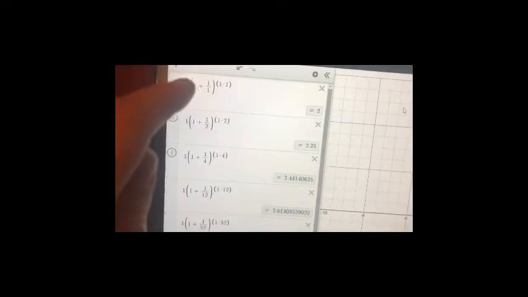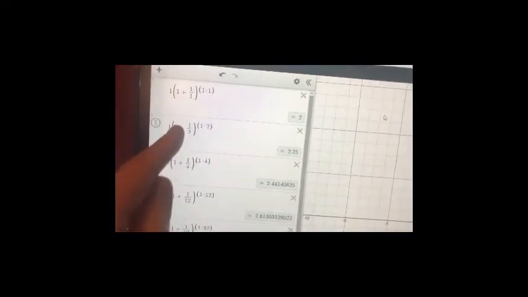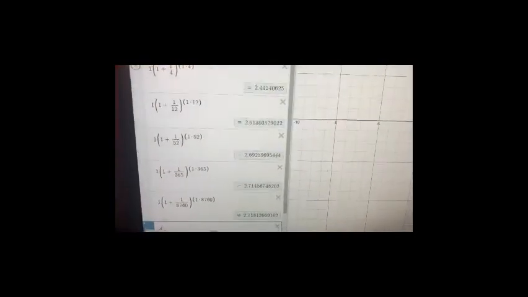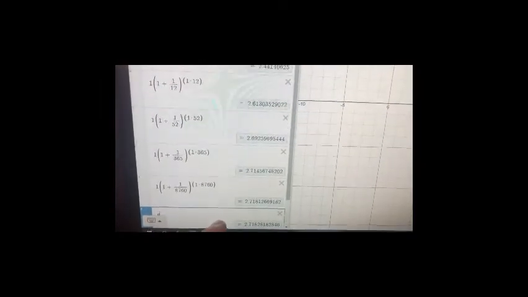So if I take the most basic example and put ones everywhere, as I just change the n to bigger and bigger numbers, I get closer and closer to E. So when we want to compound continuously, that's why there's an E in this equation.